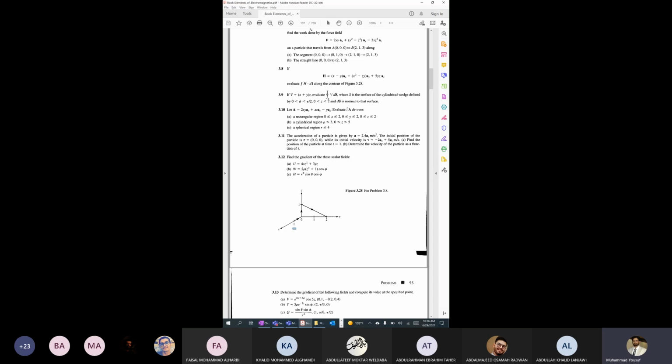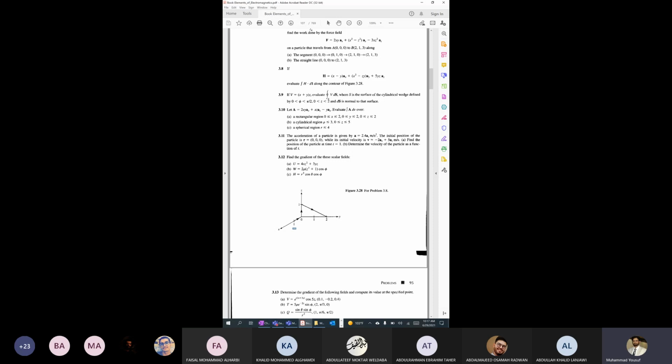How many different faces do we have in this rectangular box, this rectangular region? And we have a vector here. Integrate this vector over dV.